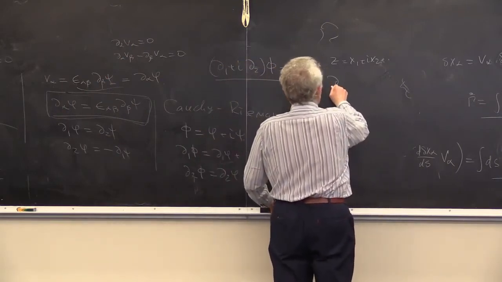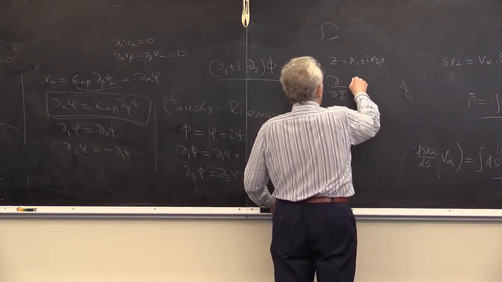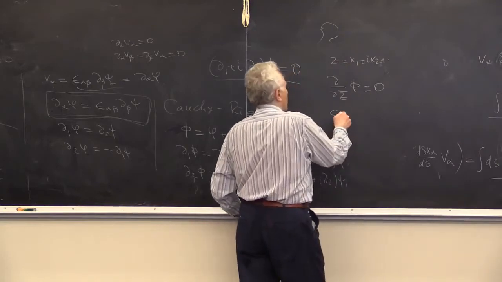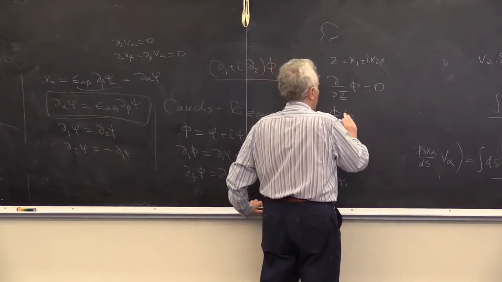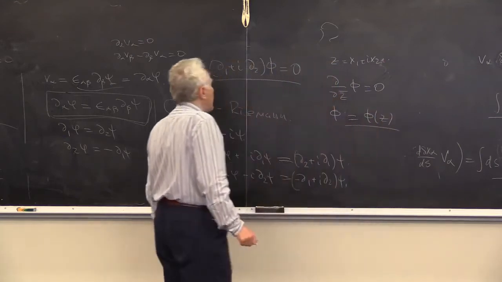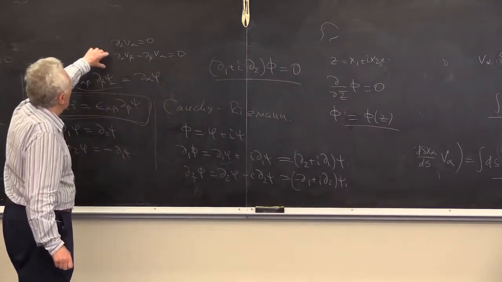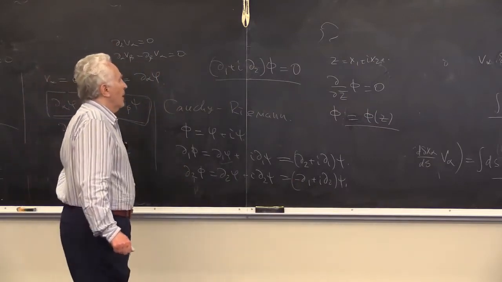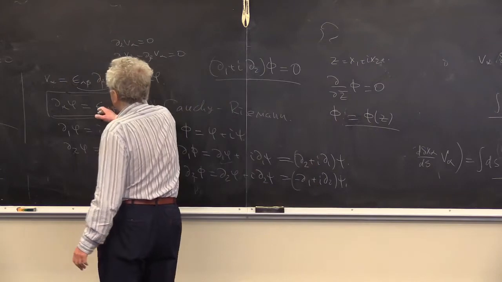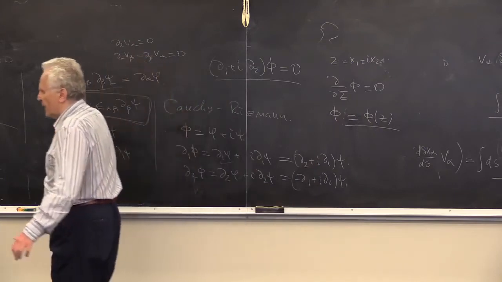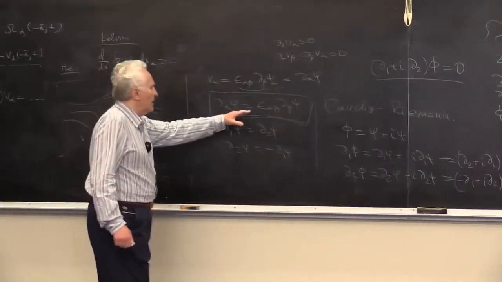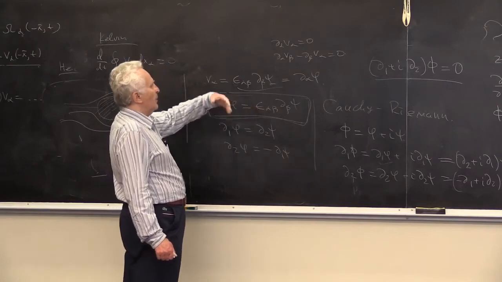It just tells you that d/dz bar of the complex potential is 0, and the solution of this equation is simply that the complex potential is some analytic function of z. So if we take any analytic function, we in this way solve this equation. And basically, as I said many times already, the epsilon tensor is just coordinate notation for the letter i.